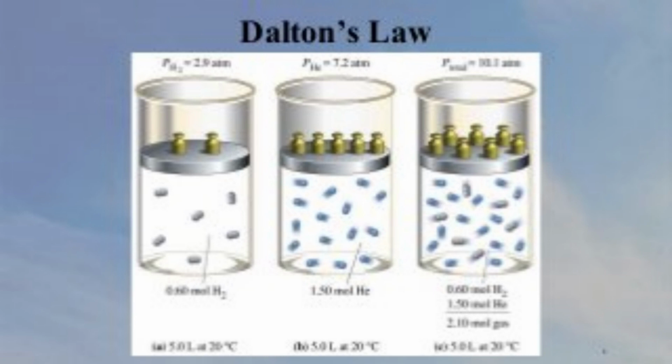In container 3, if we look at pressure and number of moles, these seem to be the sum of individual gas pressure and number of moles. So Dalton's law gets verified.